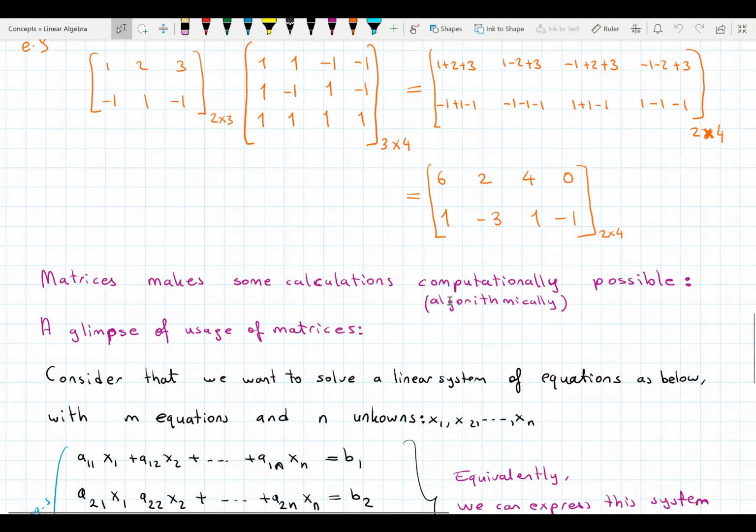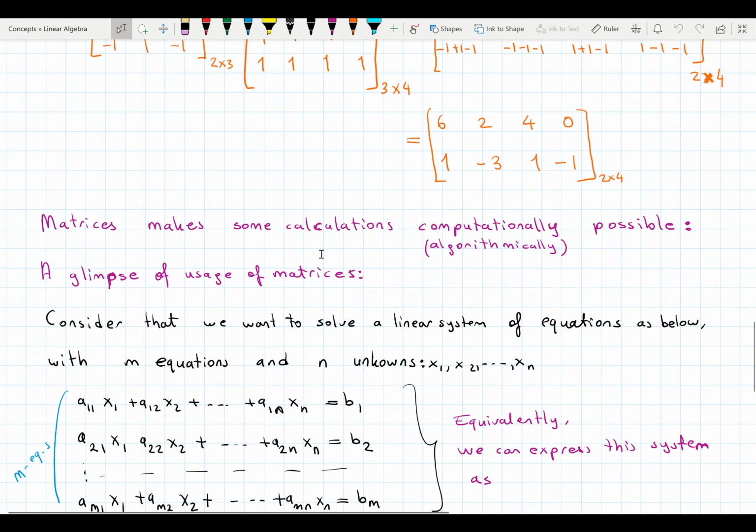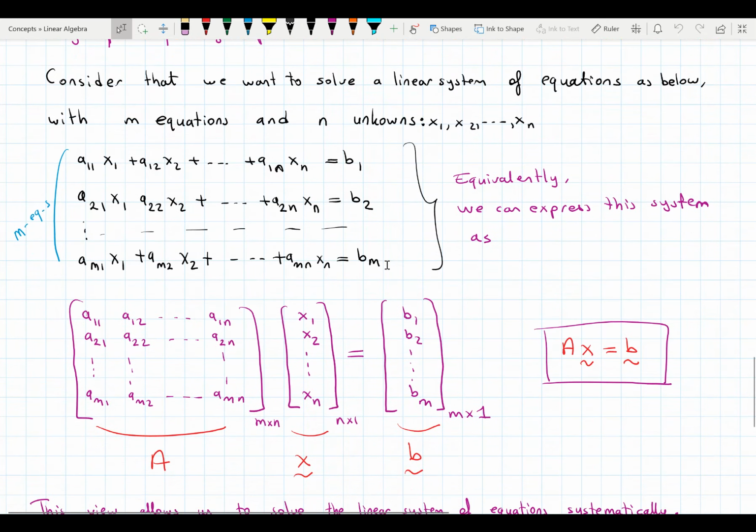Matrices make some calculations computationally or algorithmically possible. A glimpse of the usage of matrix multiplication: now consider that we want to solve a linear system of equations as below, with m equations and n unknowns, x1, x2, xn. These are m equations, the a's are real numbers, x1, x2, xn are the unknowns, and b1, b2, bm are some numbers. So we can express this linear system of equations in terms of matrices.